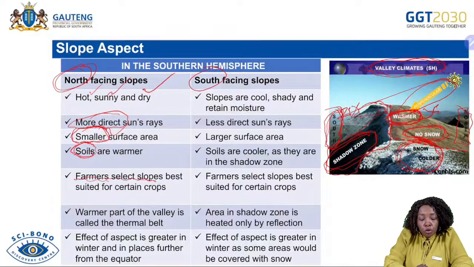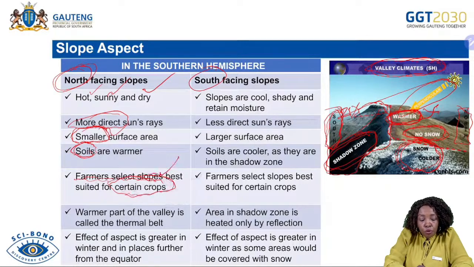You also look into the type of crop that you can grow on those specific slopes of the valley, so the type of crop would be determined by the characteristics over which the aspect has an influence.